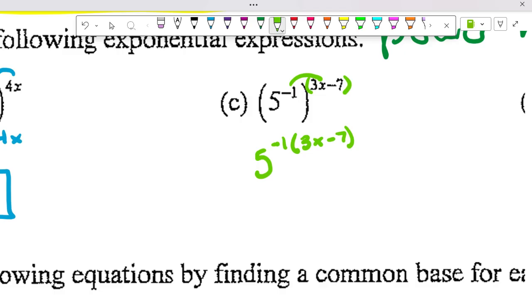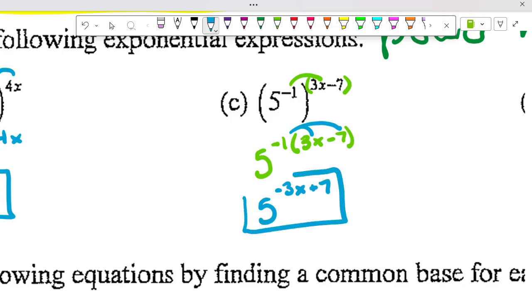Distribute. And that's all you would do. You just distribute that negative 1. So if I distribute the negative 1, I have 5. What's negative 1 times 3x? Negative 3x. Negative 1 times negative 7? Positive 7. So if you have more than one term being multiplied, just treat it as a distribution problem.